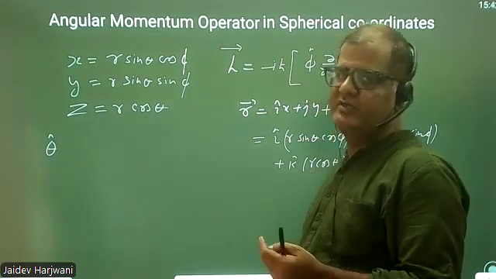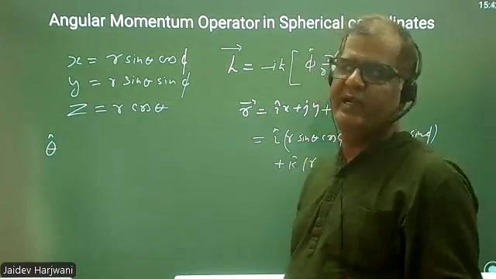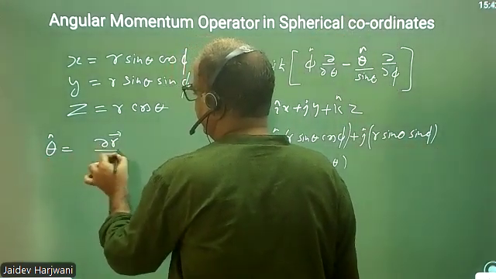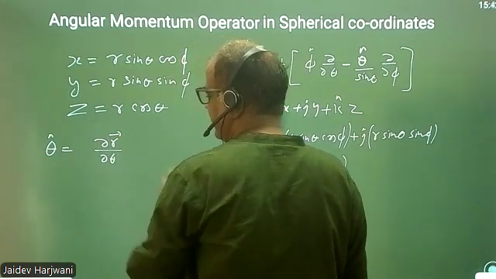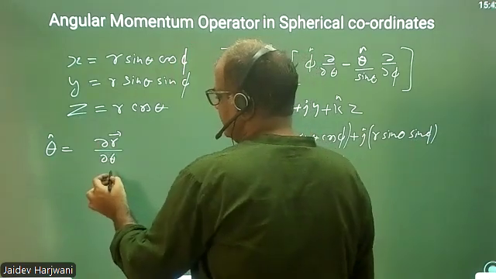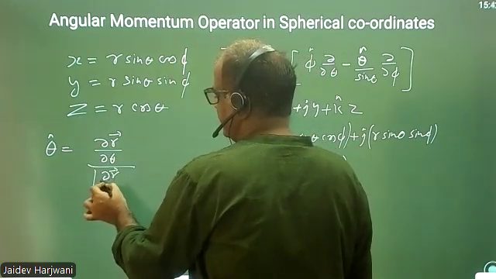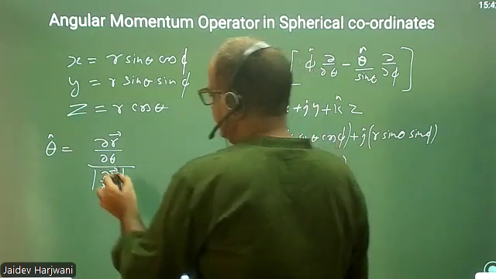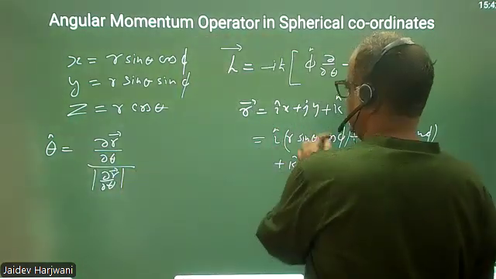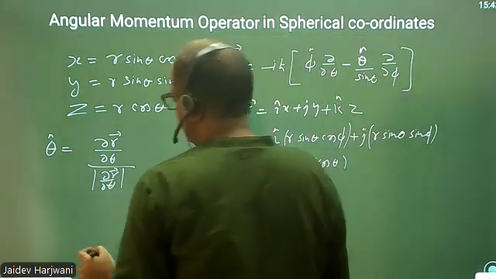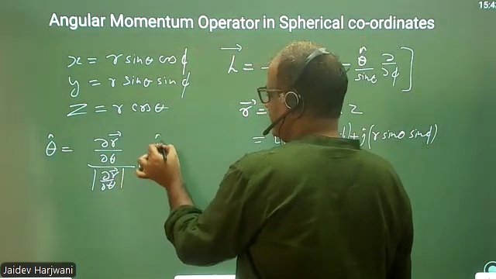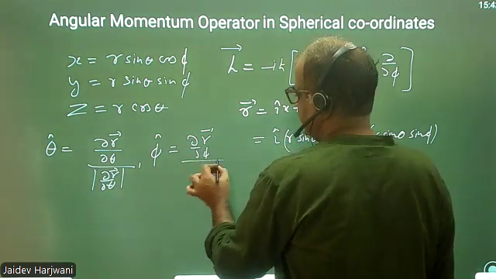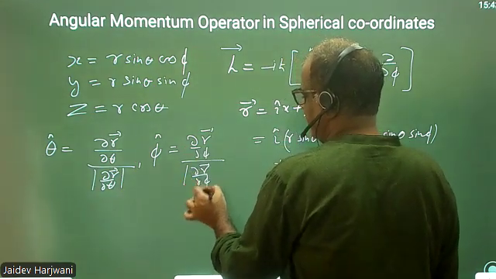If I have a vector in the direction of θ and divide it by its magnitude, I get θ̂. So I find the variation of r in the direction of θ, which becomes a vector, and if you divide this vector by its magnitude, this becomes θ̂. Similarly, the φ̂ will be ∂r/∂φ divided by its magnitude |∂r/∂φ|.